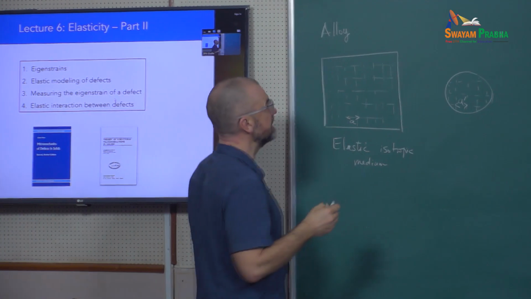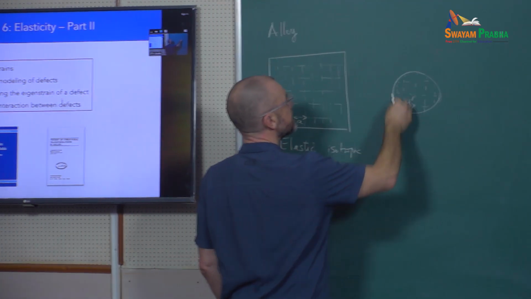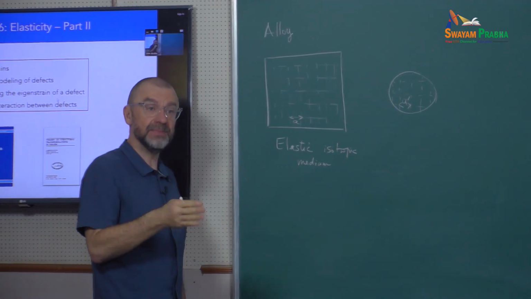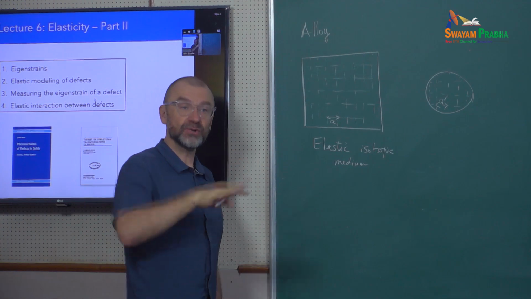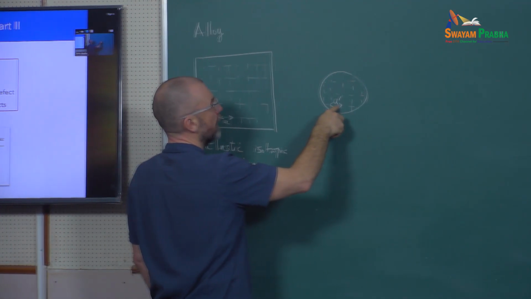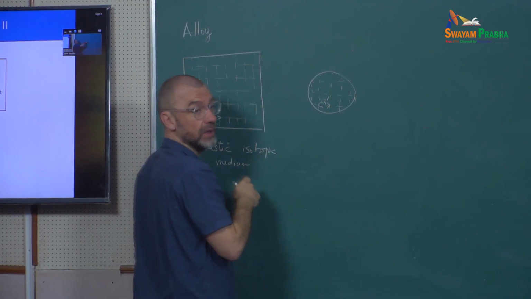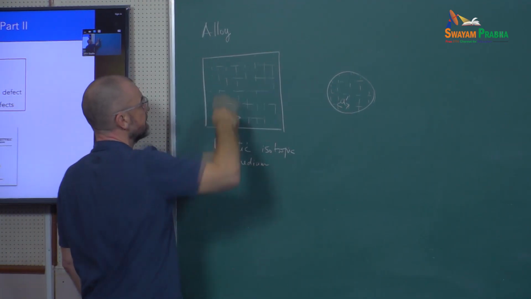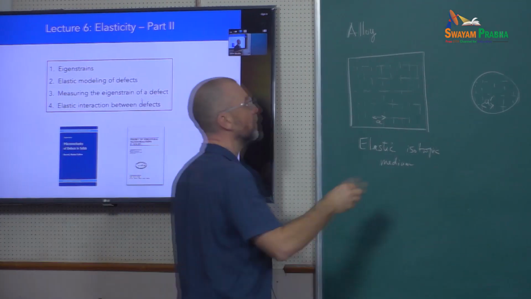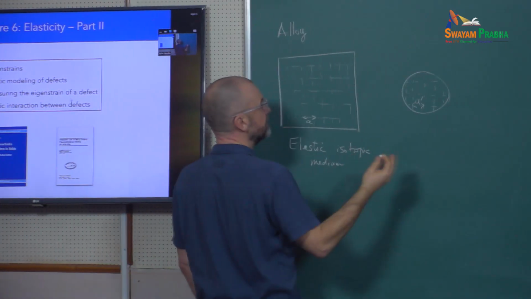So it means that when this medium is at rest, meaning that when there are no stresses inside it, the lattice parameter wants to be A prime, whereas in the matrix, the lattice parameter wants to be A. So what does it mean in terms of elasticity?